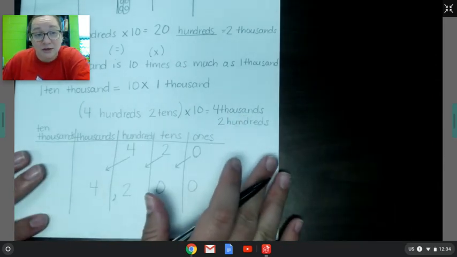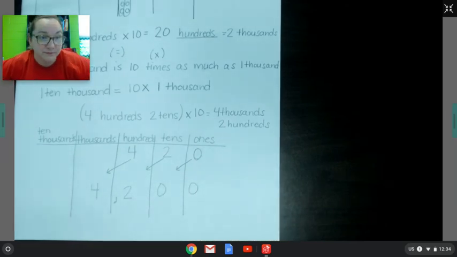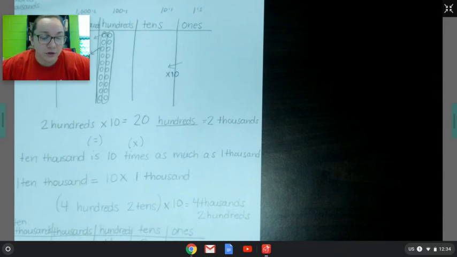Another thing that Zearn is going to show you on lesson 2 is they're going to go to division. Okay. Now, when we multiply by 10, I said that we move forward in our place value chart. Can anybody think about when we divide by 10? What do you think we're going to do? We're going to move backwards.